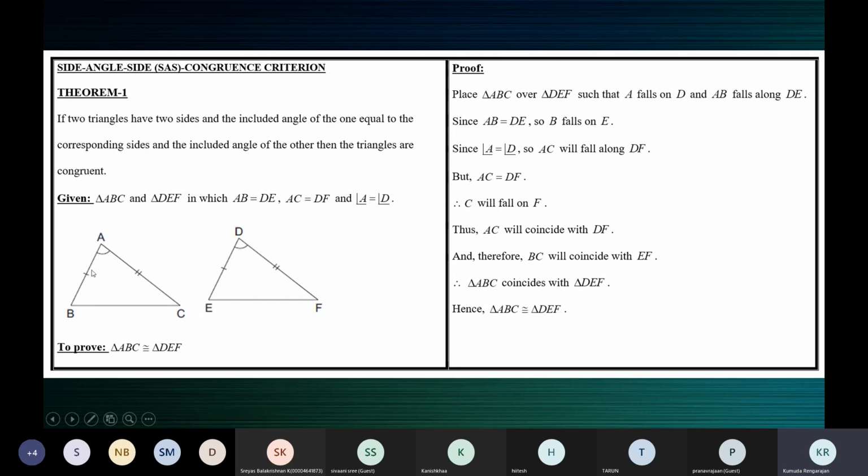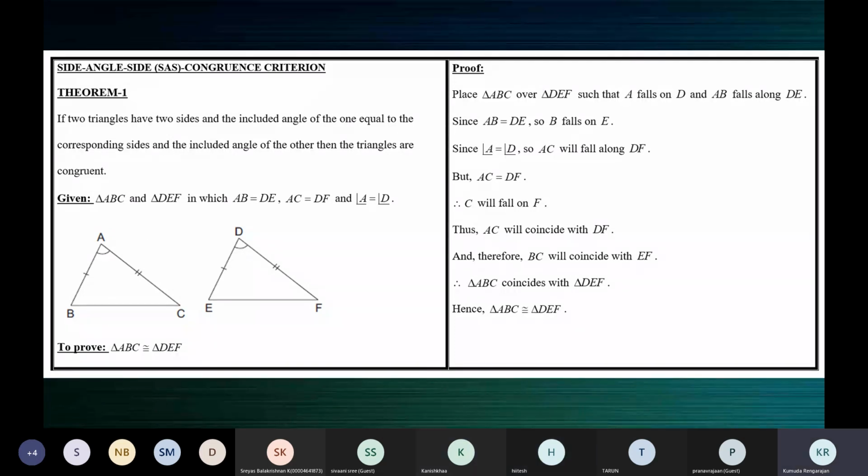I have explained here for ABC being placed over DEF. So you're trying to place triangle ABC over this one. Since you know that angle A is equal to angle D, you place this triangle in such a way that A coincides with D. Is that fine?